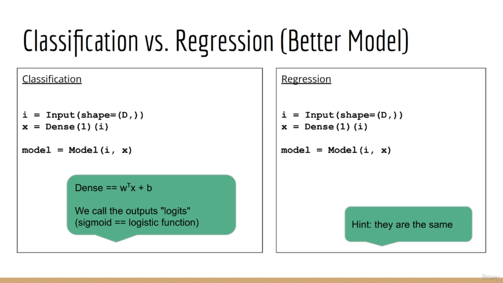So here's how the syntax changes. In this form, when we create the model, it will look exactly like linear regression without any sigmoid. In other words, the model is now just W transpose X plus B. We call these logits, which is connected with the fact that the sigmoid is sometimes called the logistic function.